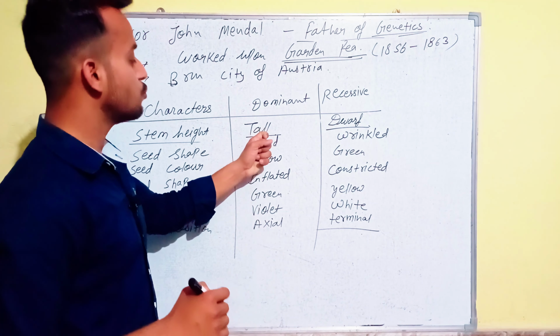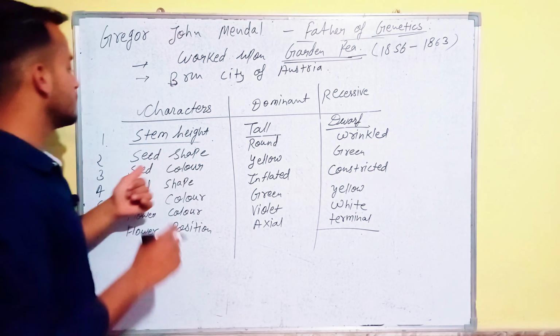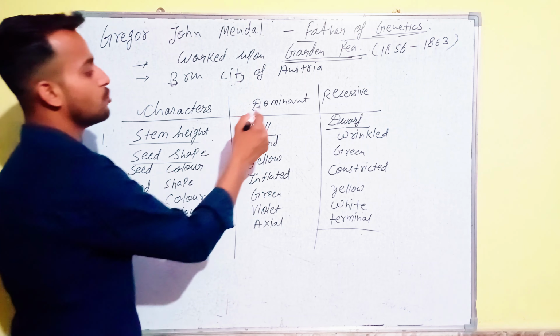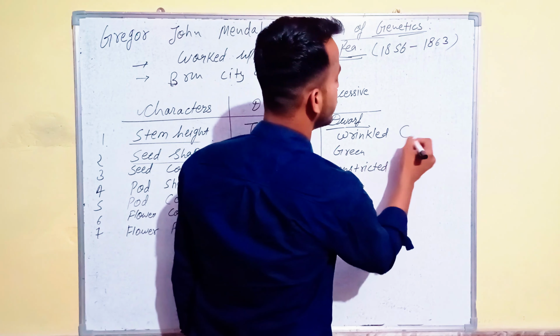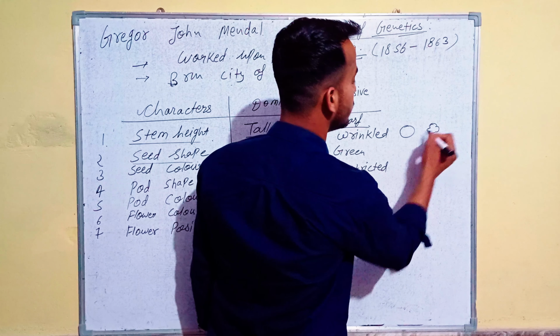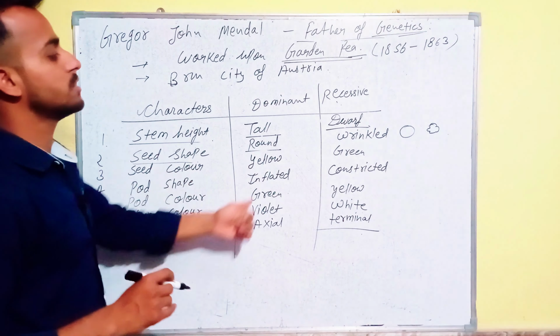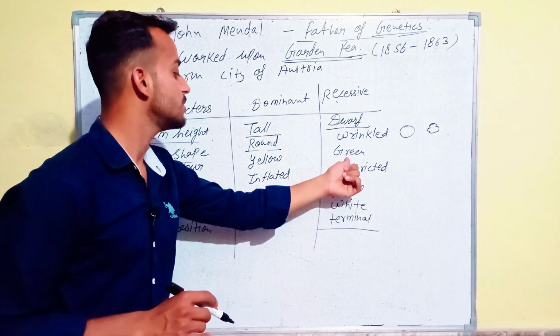Next, shape of seed: dominant is round and recessive is wrinkled. Next, color of seed: dominant color is yellow and recessive color is green.